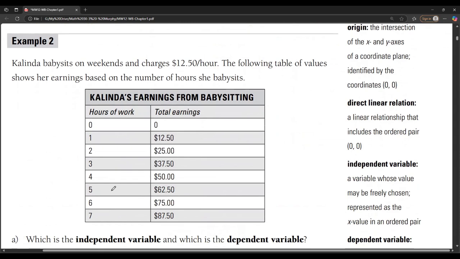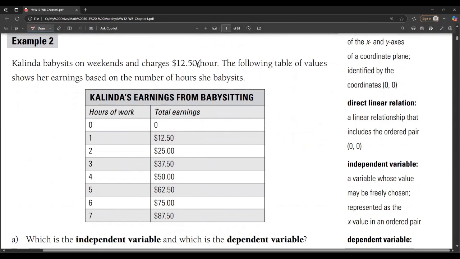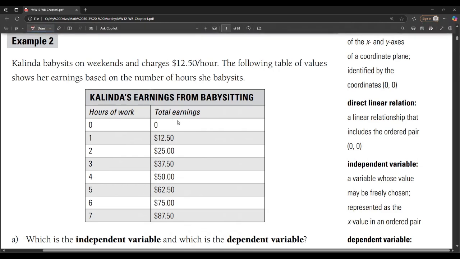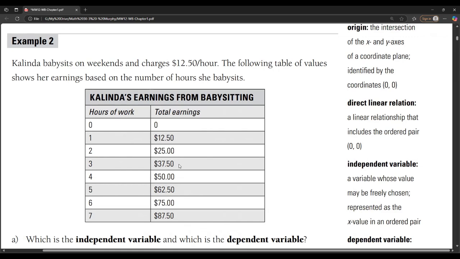So, example 2. Kalinda babysits on weekends and charges $12.50 an hour. The following table of values shows her earnings based on the number of hours she babysits. So you can see the table. If you work no hours, you make no money. Work 1 hour, $12.50. 2 hours, $25. 3, $37.50. And what you can notice here is that every jump is $12.50.